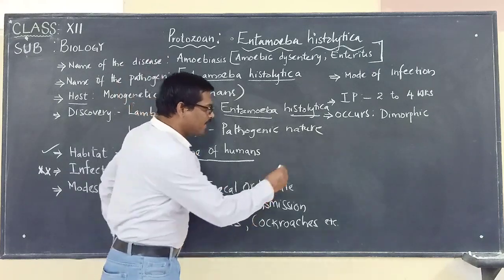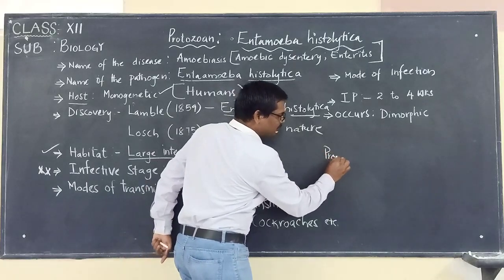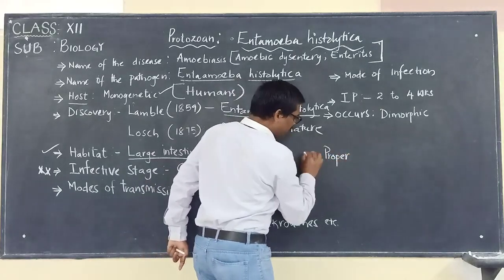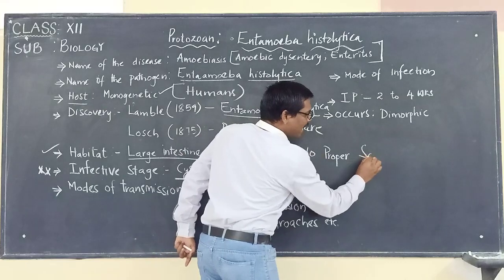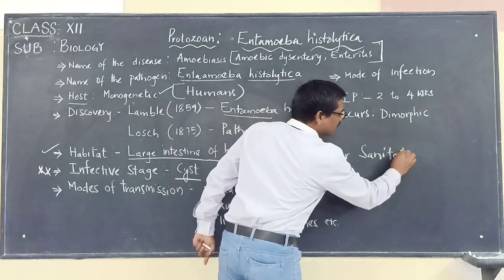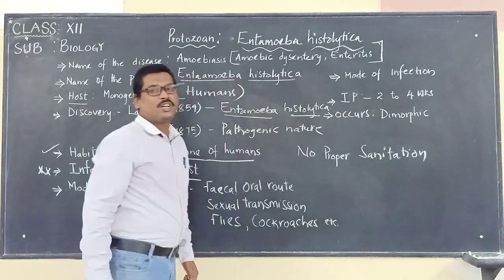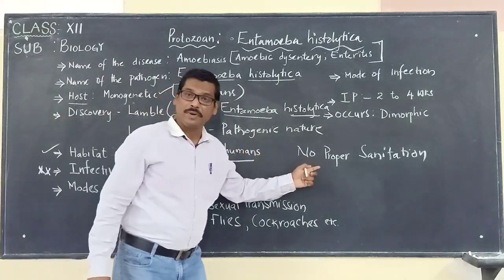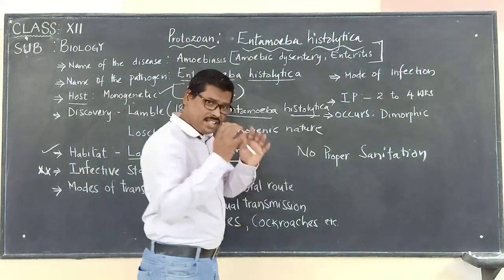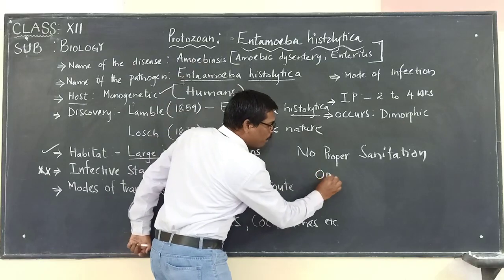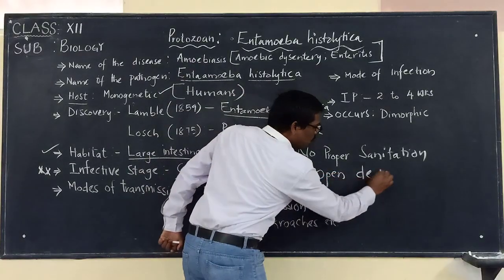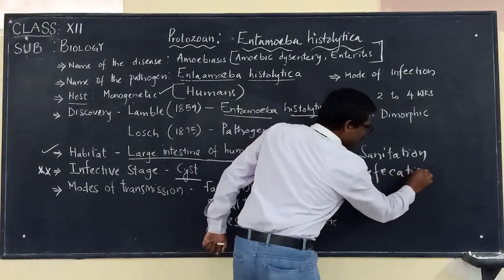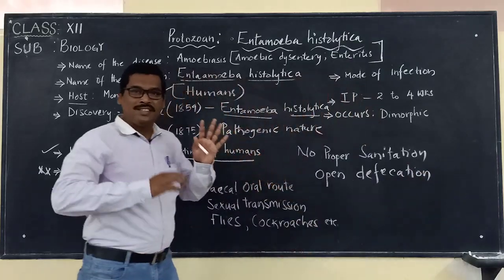It is because there is no proper sanitation. This disease is identified in those regions where there is no proper sanitation, and in these areas people go for open defecation. That's why it is more common in these places.